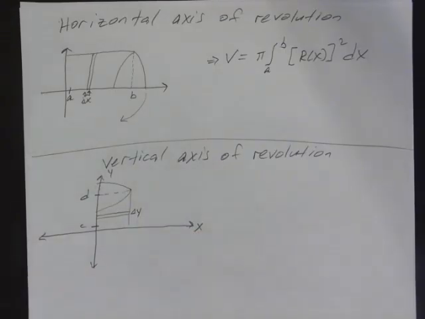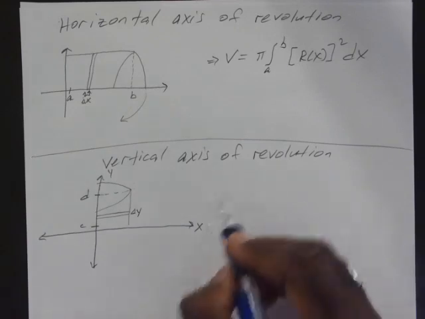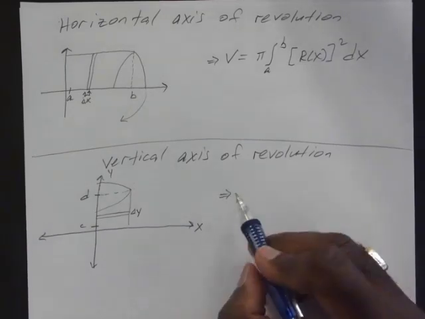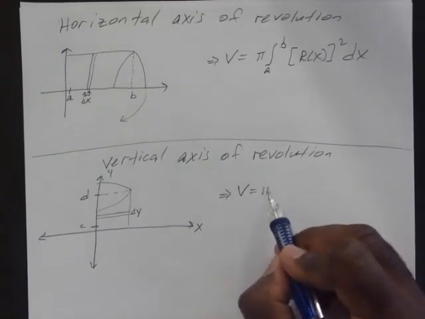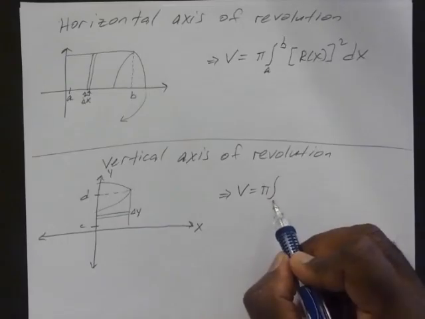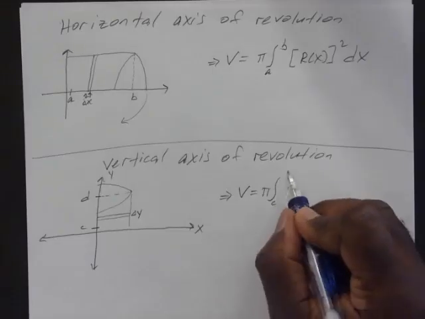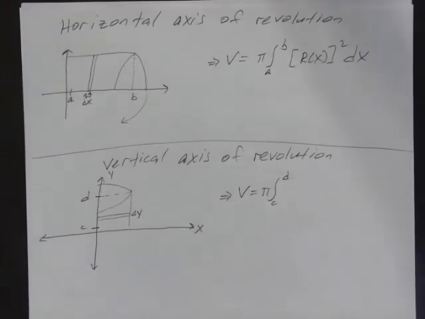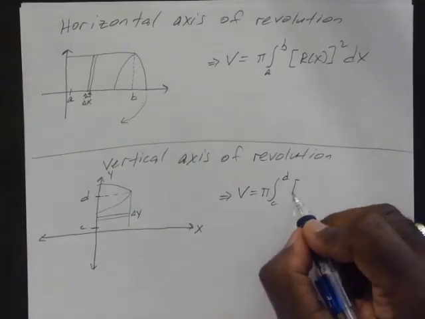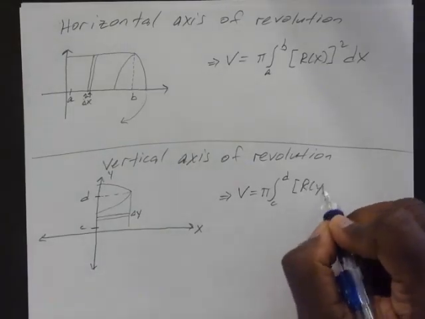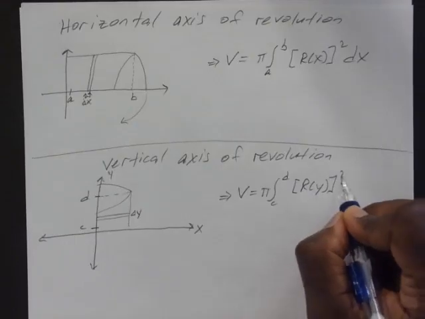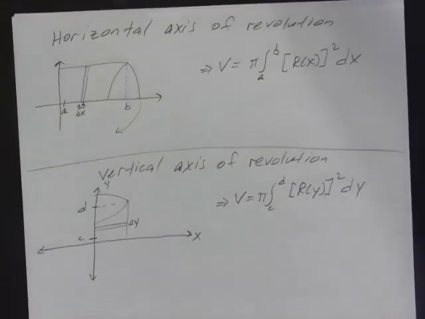So your volume would be pi times the integral, I swear that integral and interval mix me up every time, from c to d of r of y squared with respect to y.